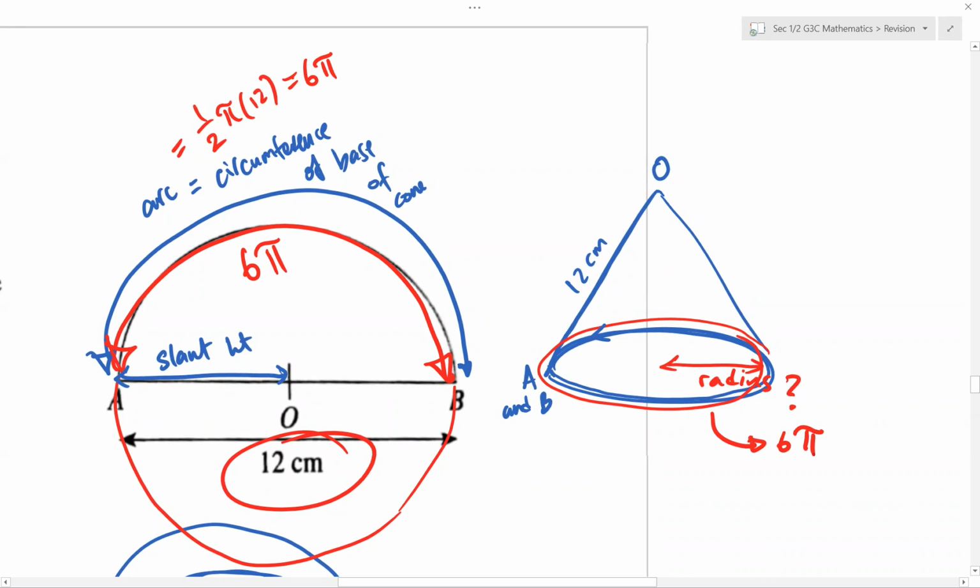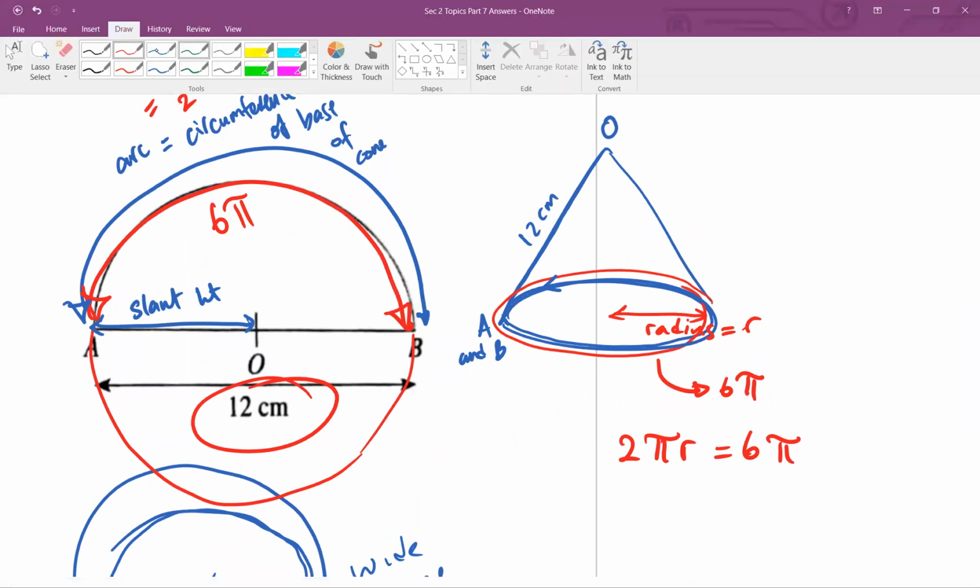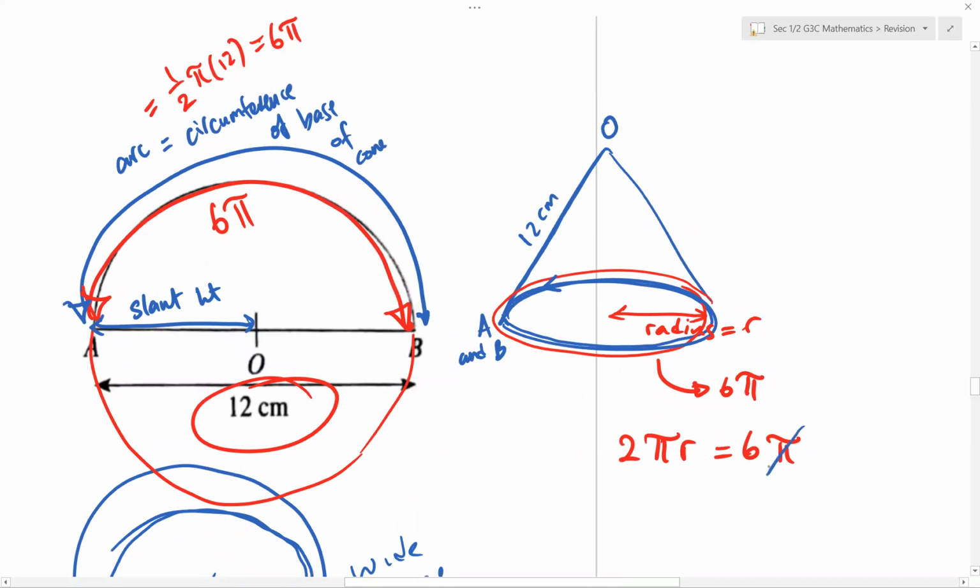So we're trying to find a radius. Let's call the radius r. So 2 pi r equals 6 pi. Then we can cancel pi and pi.